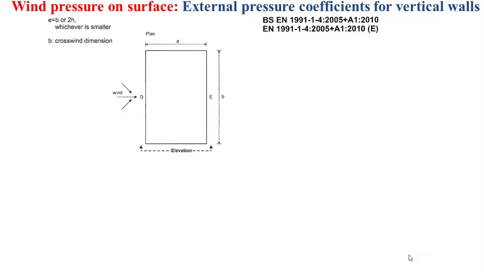So as you can notice, the dimension of the side wall is small d. Examining the elevation view, 3 cases can be distinguished for the pressure zones in the side wall.